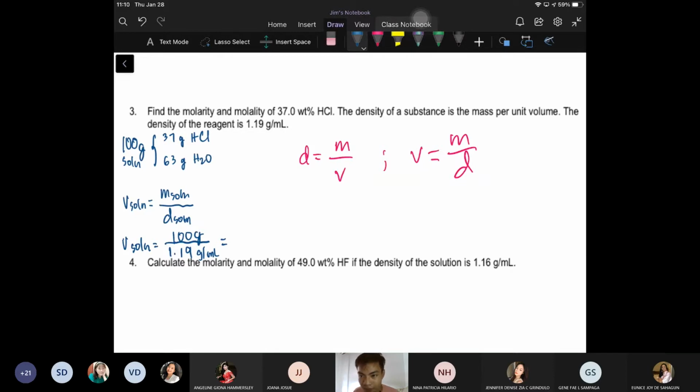84.0336 something something. So, pag ganyan po, ilang decimal places gagamitin nyo, sir? Pwede na yung tatlo. Okay, tatlong decimal places. So, that will be 84.034. Okay, 3364 eh. 336.